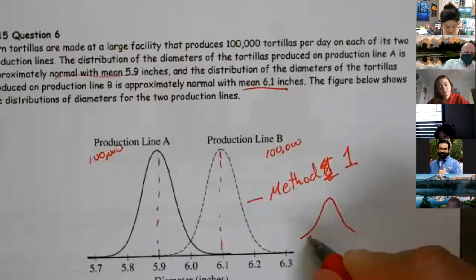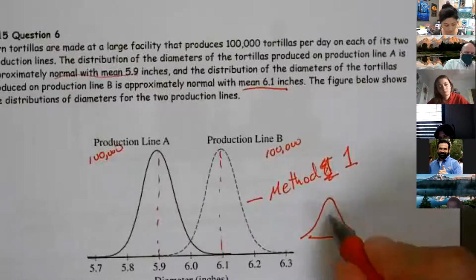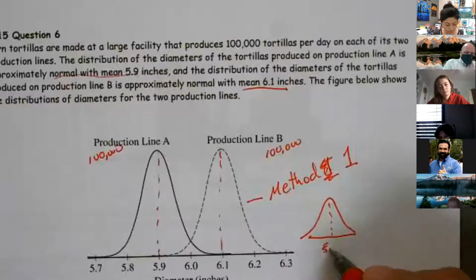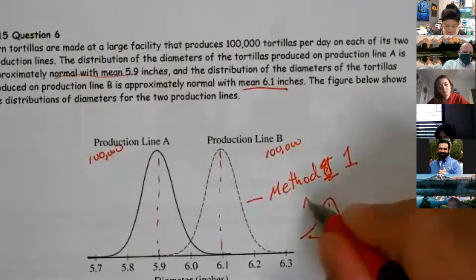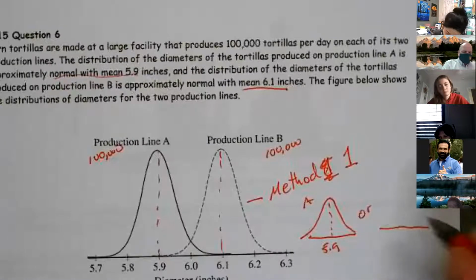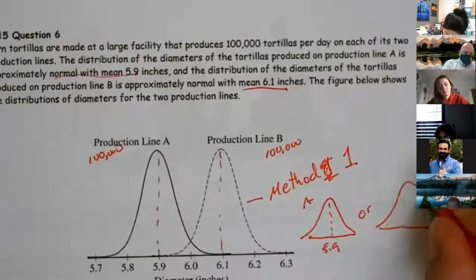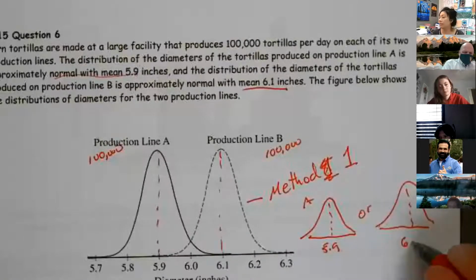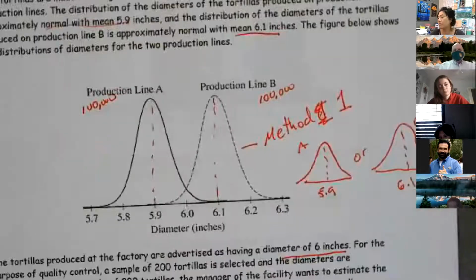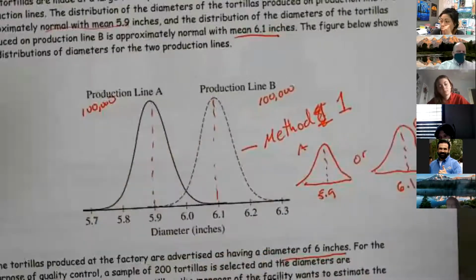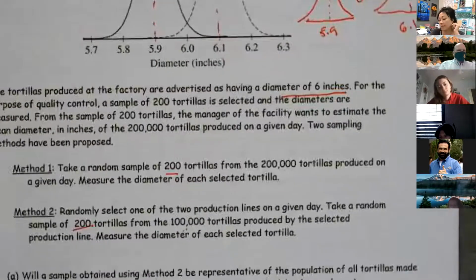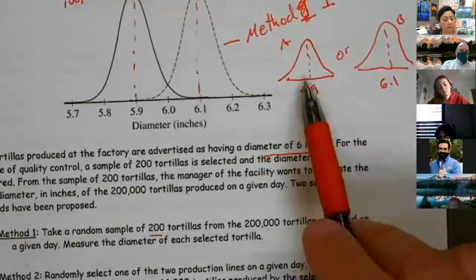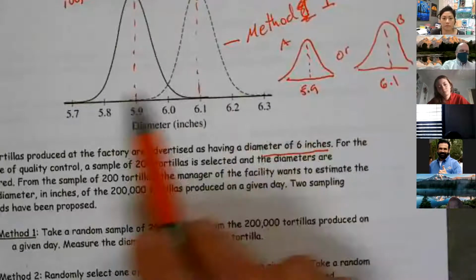They're either going to select production line A and end up with 5.9, or they're going to select B and end up with 6.1. And we'll come back to this later as we go through. So those are our 2 methods. This will be method 2. This will be method 1. We'll look something like this.